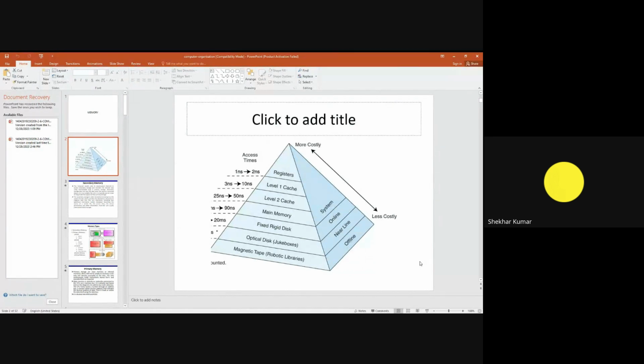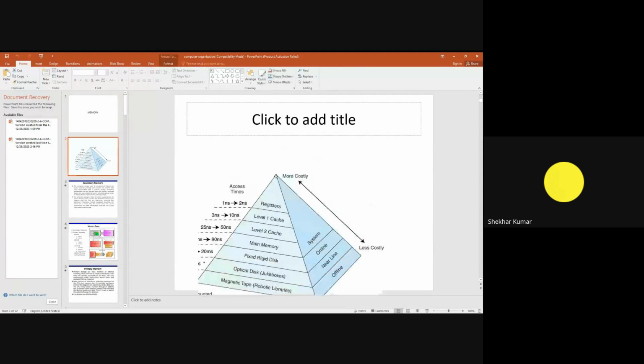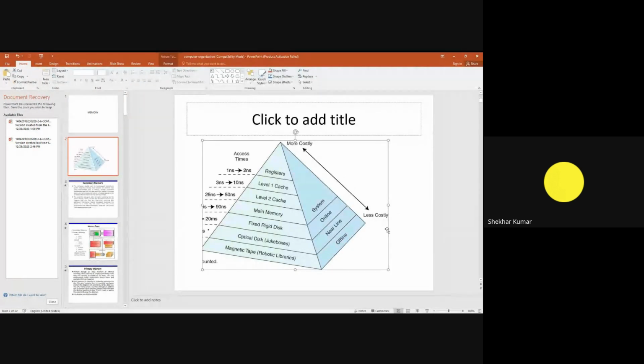There are multiple levels present in the memory, and each level has different size, different access rate, different cost. For example, cache memory is faster memory. Registers are fastest.